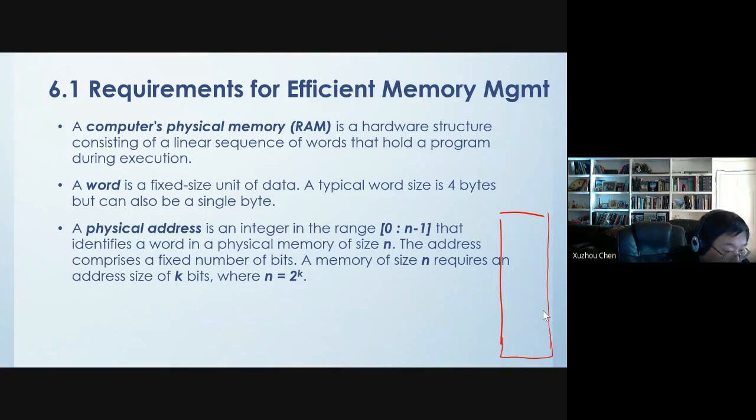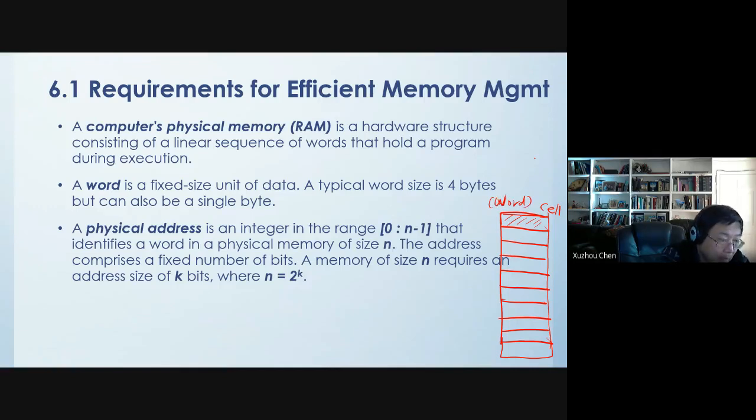So when they organize the memory, they configure it into fixed size units. Each fixed size unit is called a cell or memory unit, or sometimes we call the data a word.